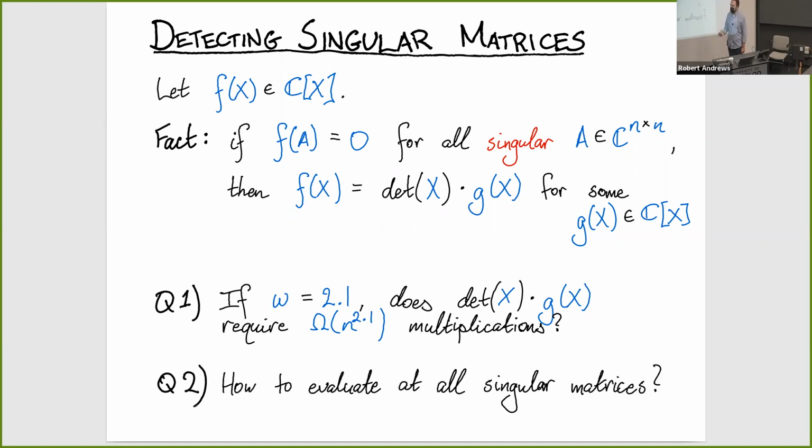And then the second question you might be asking yourself is, wait a second, how do we evaluate at every singular matrix? That's an infinitely large set. My algorithm can't do that. I don't have the time for that. So I first want to talk about this second question of, okay, wait, how do you actually evaluate at every singular matrix? And then we'll start understanding how we translate this lower bound to these other polynomials.